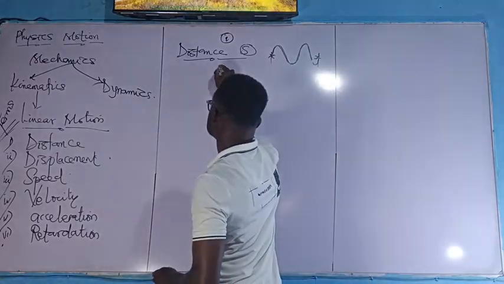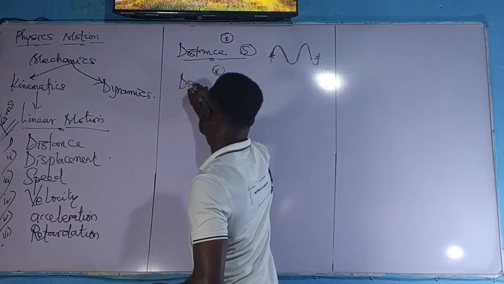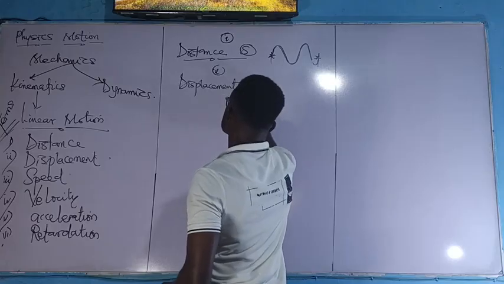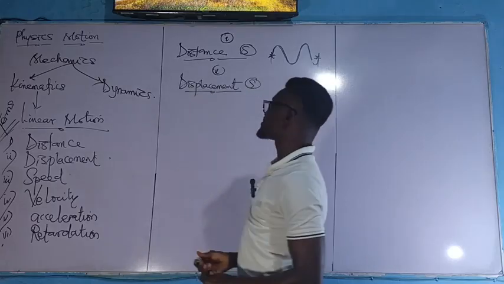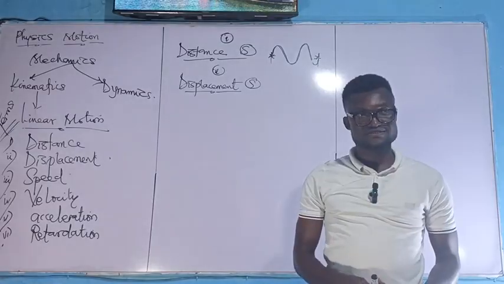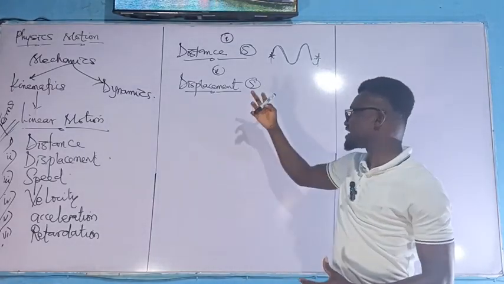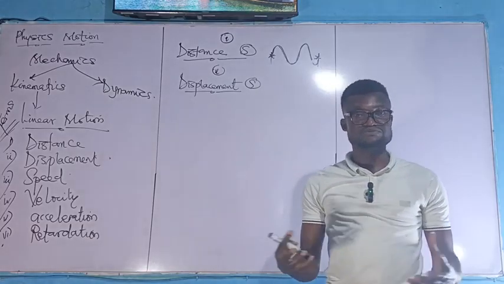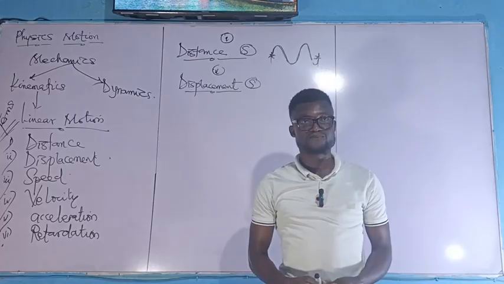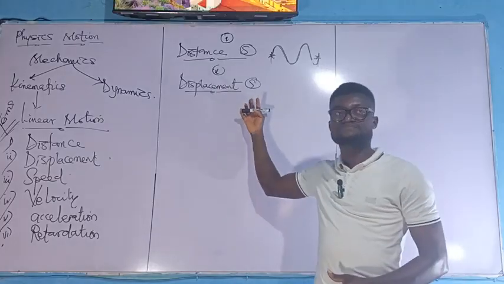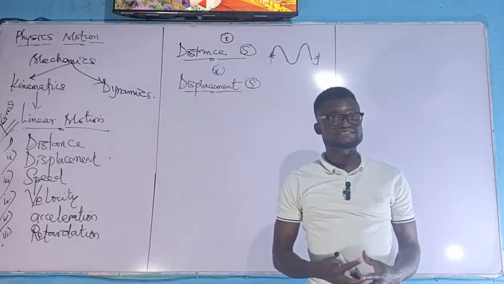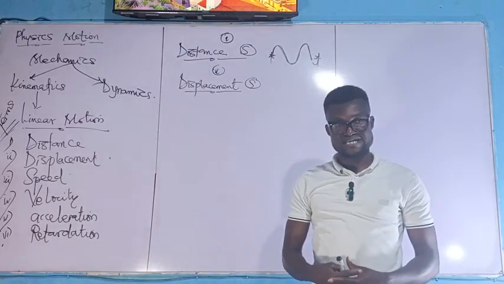Displacement is the next term. Displacement is also represented with the letter S. That shows that there is something common between distance and displacement, because both bear the same symbol. Now, displacement is a distance in a specified direction.